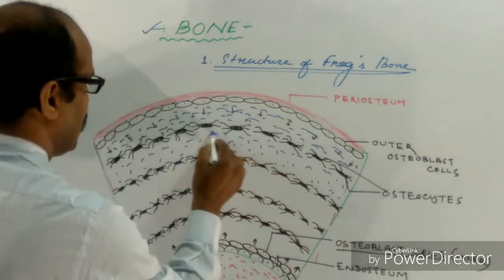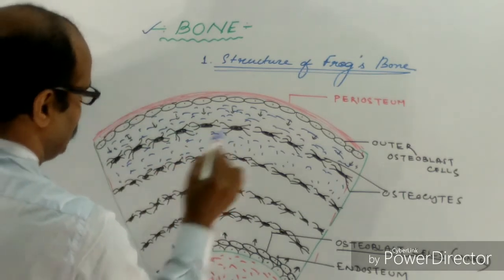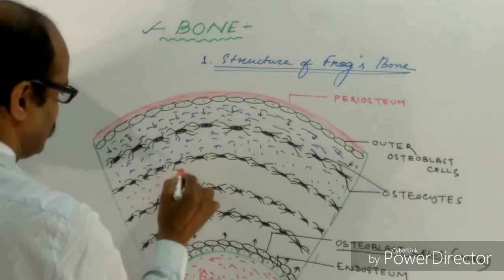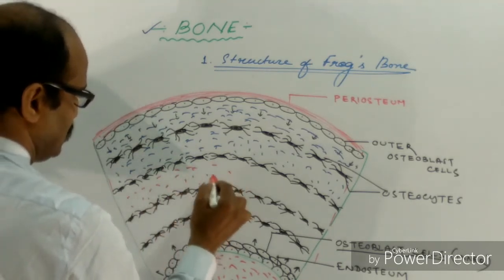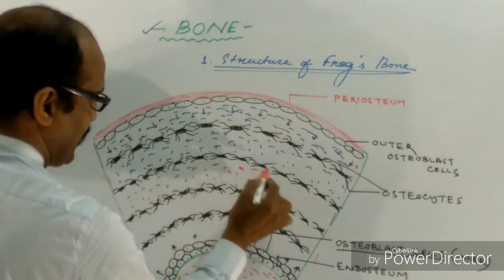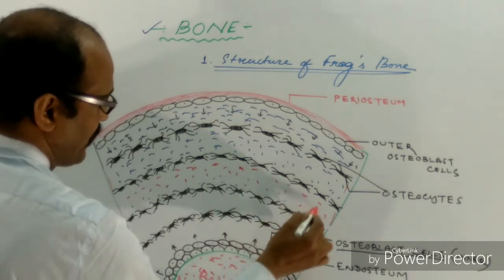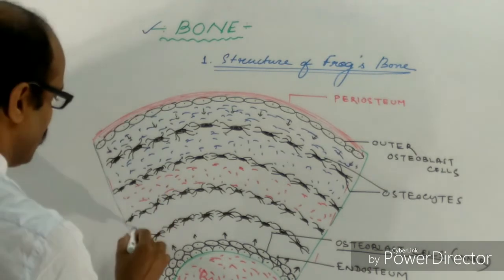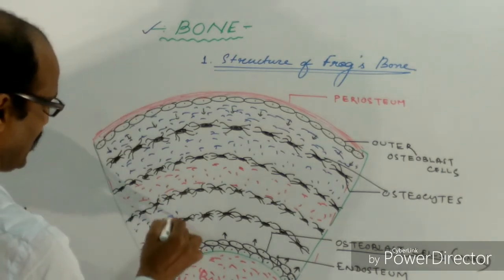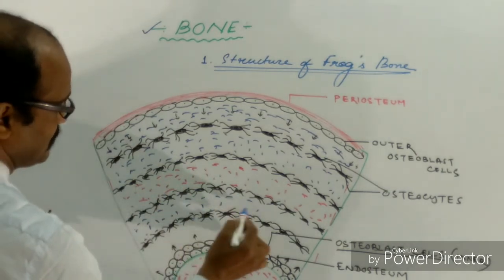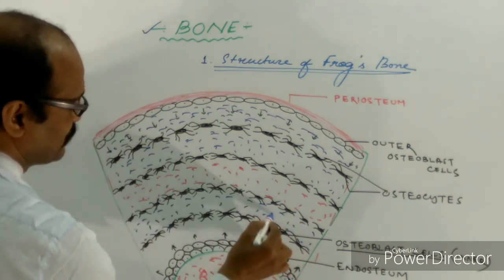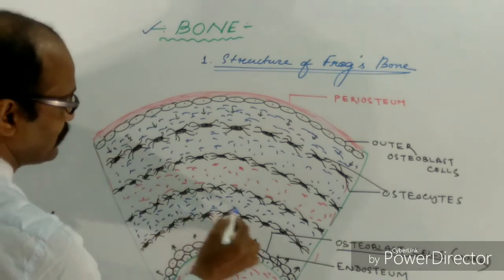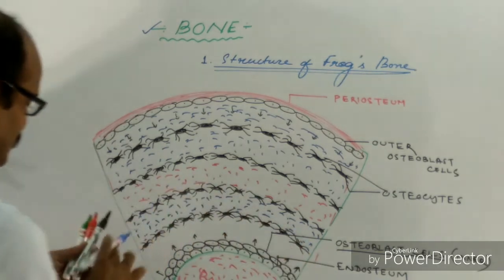This is another layer of matrix. Suppose that this is another layer of matrix. It is visible, that's why I draw it in red. This is another layer of matrix. Suppose that this is another layer of matrix. So it forms different layers, different plates, because of the presence of concentric layers of osteocyte cells.